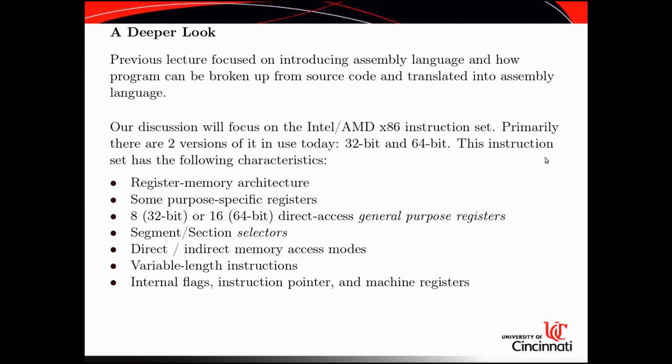So in the previous lecture, I talked about reading assembly language, how the language is organized, or I should say how the instruction set is organized. I also talked about, if you remember the control flow graph, those examples that I showed everyone, how the program itself is broken up into blocks, and then those are translated into assembly.